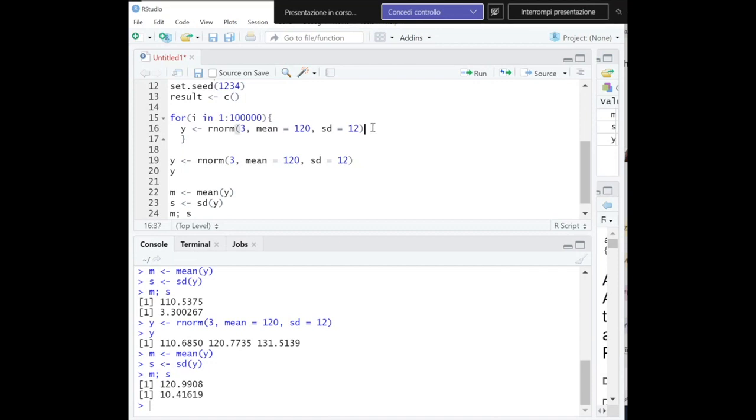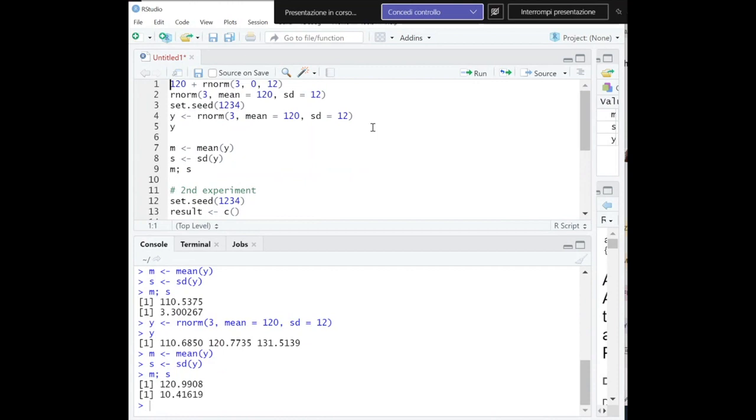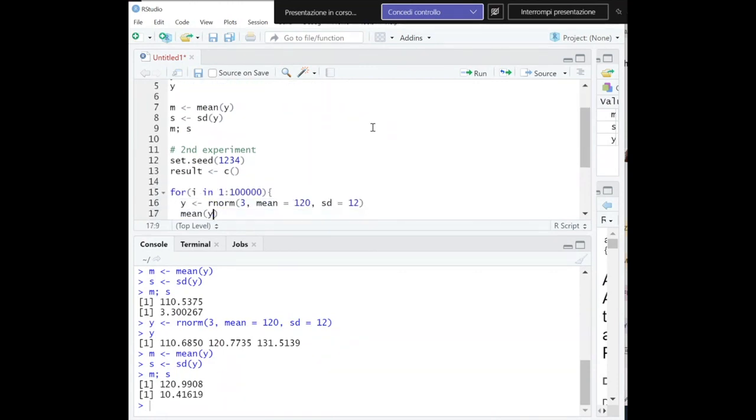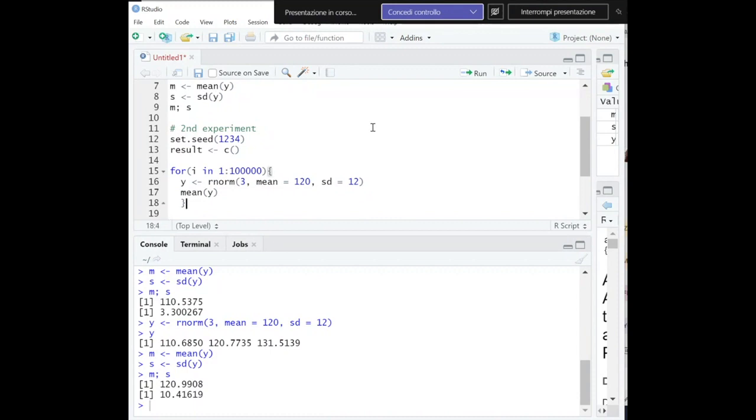Then I'm calculating the mean of Y, and assigning it to the vector result. Look, I'm using indexing here.